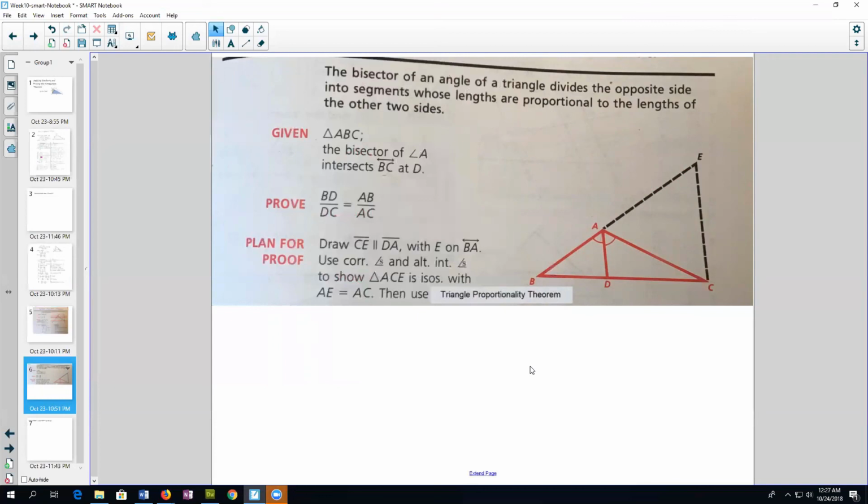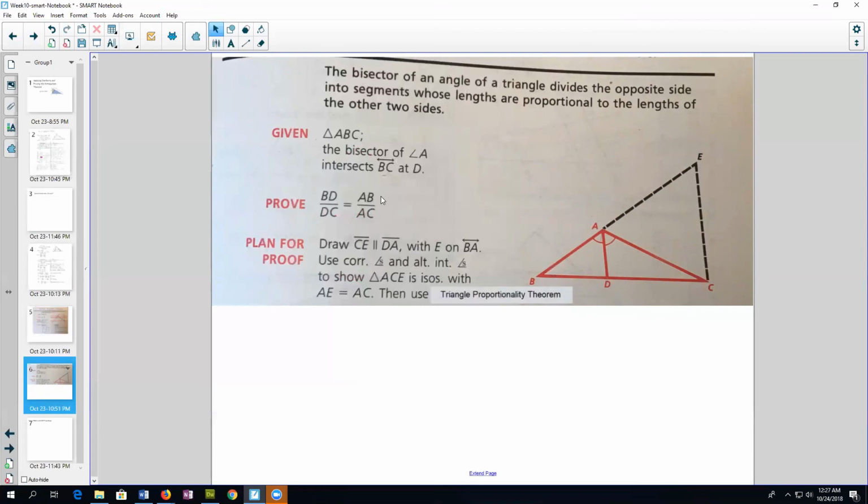The statement of the theorem is as follows. The bisector of an angle of a triangle divides the opposite side into segments whose lengths are proportional to the lengths of the other two sides. So the opposite side here is going to be divided into segment BD and segment DC.